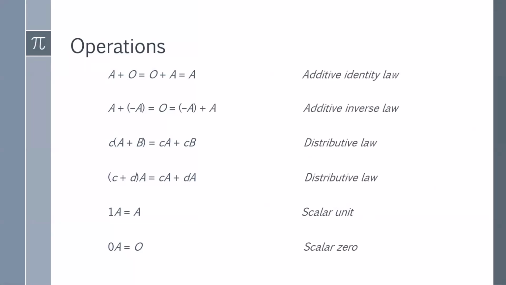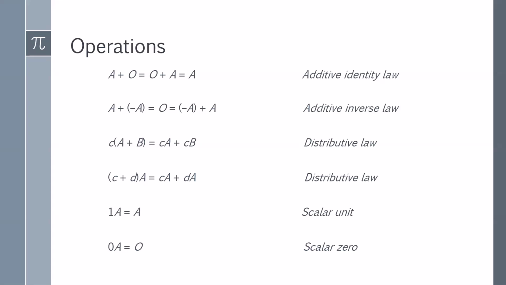It's important to think about what operations are done on matrices. Here's a list of a few of them. The first one is the additive identity law. So any matrix A plus a matrix of all zeros is the same as matrix A. Matrix A plus its negative is the matrix consisting of all zeros.